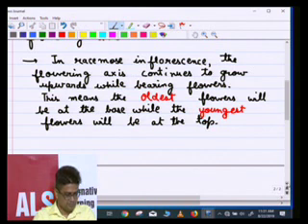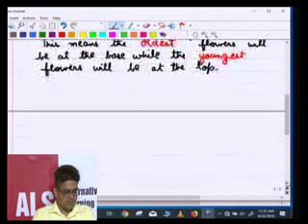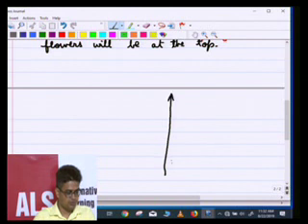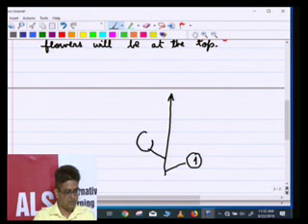Okay. All right. So let's draw a diagram of how racemose inflorescence looks. In racemose inflorescence, the flowering axis is like this. It grows vertically upwards. Suppose this is the first flower, then the second flower will be like this in acropetal succession.